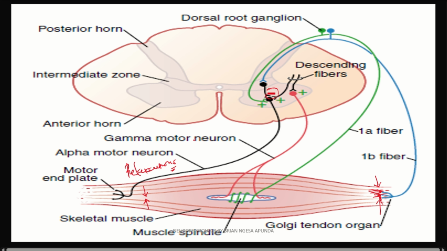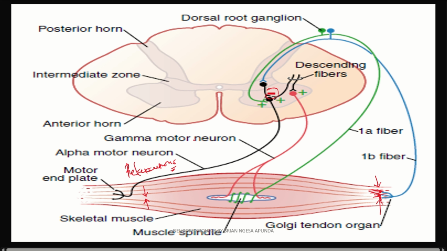While what you need to remember with the alpha motor neuron is that it is not only receiving the information from the interneurons, it can also receive the information directly from the type 1A fiber, which had the primary sensory endings, where it was able to tell us information in regard to length and tension.